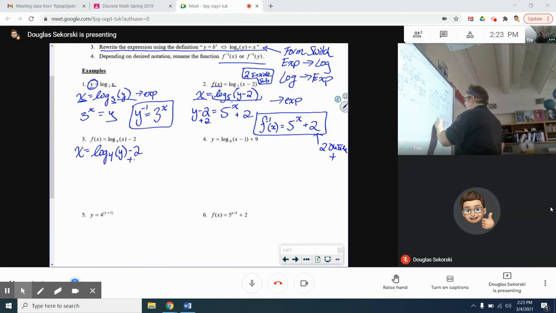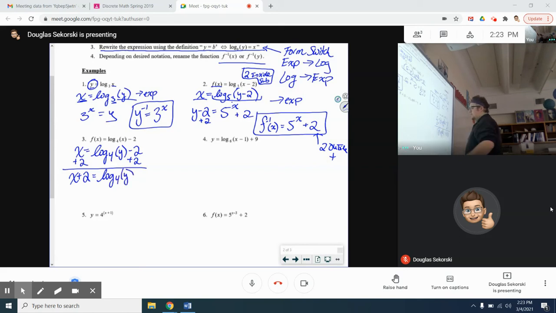So we've got to add 2 to both sides. We get x plus 2 equals log base 4 of y. And now the logarithm is isolated. So we're going to go into exponential form, where this is the exponent. So 4 to the x plus 2 equals y.